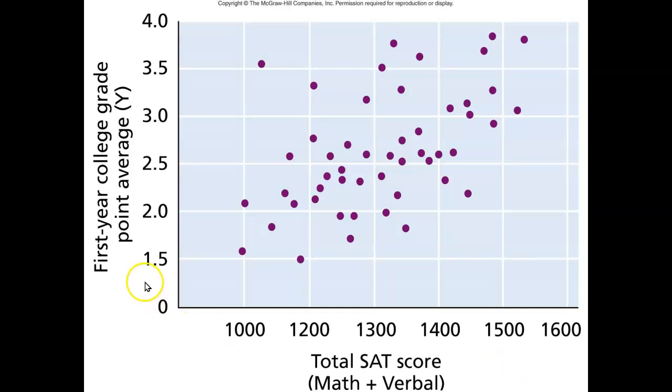What this means is that there was a correlation between first year grade point averages and SAT scores. So the higher the grade point average, the better the student did on SATs in general. We are finding that the SATs are not a good predictor of college performance. And that's for all kinds of reasons. So here we have a moderate positive correlation. When SAT scores were higher, the first year college grade point was higher. Those two variables moved together.